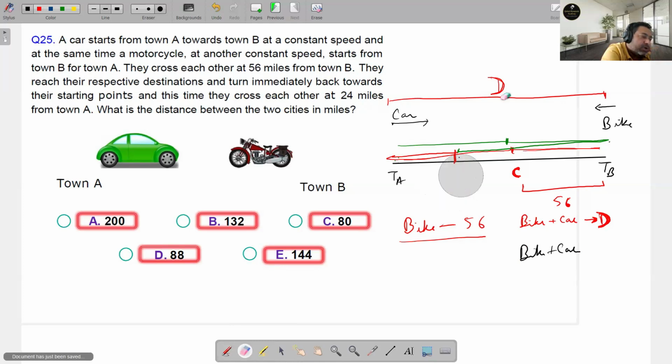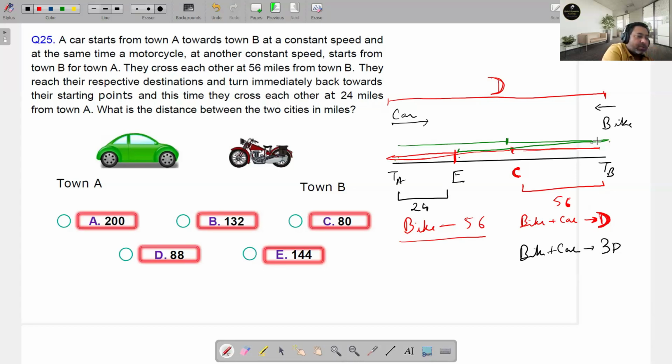Let me not call this D, because D is the distance here. Let me call this E. So the total distance traveled by both of them when they meet the next time at E, which is at a distance of 24 miles, is this time 3D.